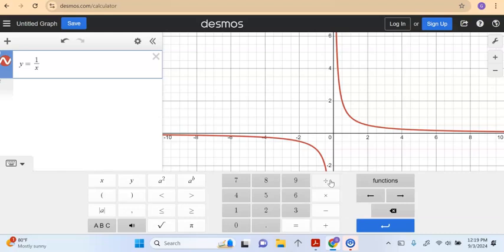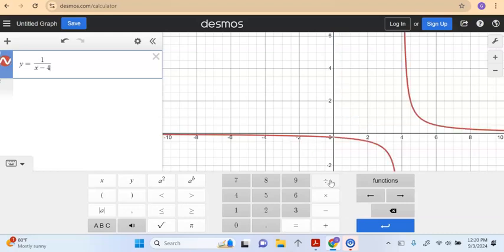All right, so anything that is being directly added or subtracted to x. Typically that's going to be inside parentheses, absolute value, or under a radical. But here it's just literally added to or subtracted from x. So let's see what happens. When I add or subtract directly to x, that creates the horizontal shift. So in this case, I went 4 to the right.